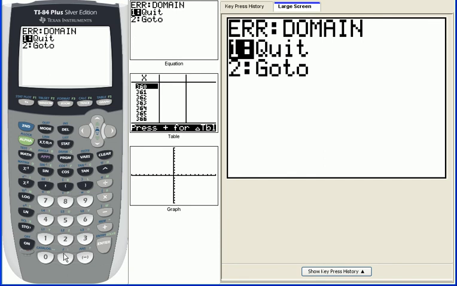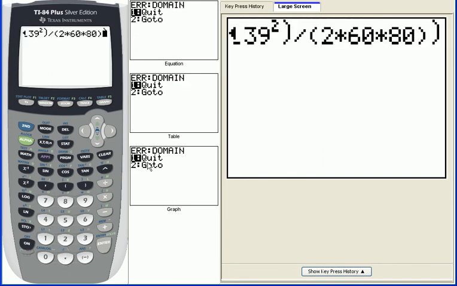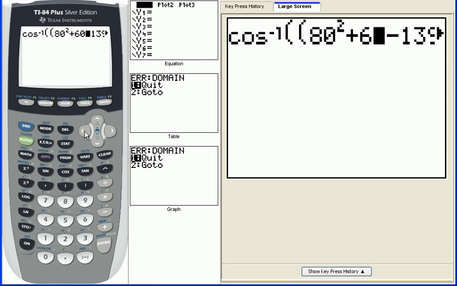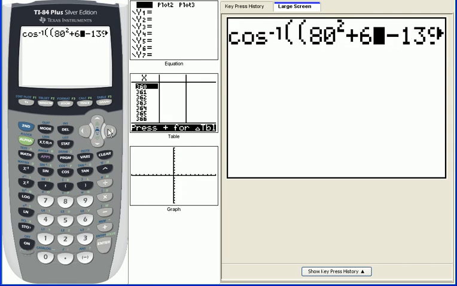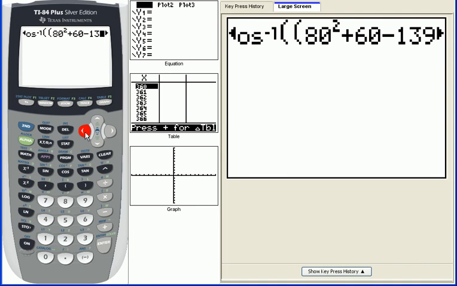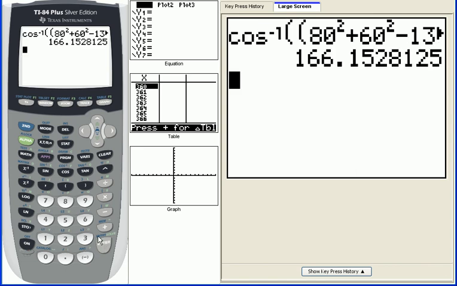Uh-oh, I must have messed something up. Oh, I forgot to square my 60. So let's insert a square here. Enter now. Yes.